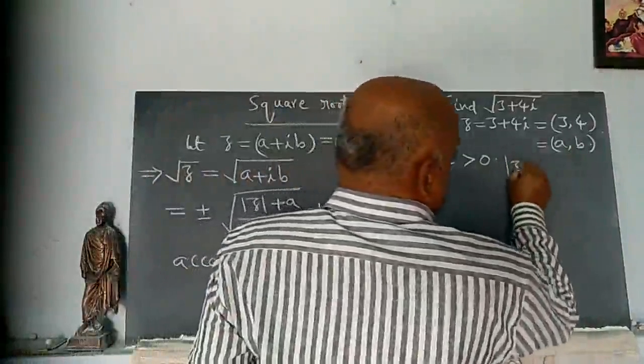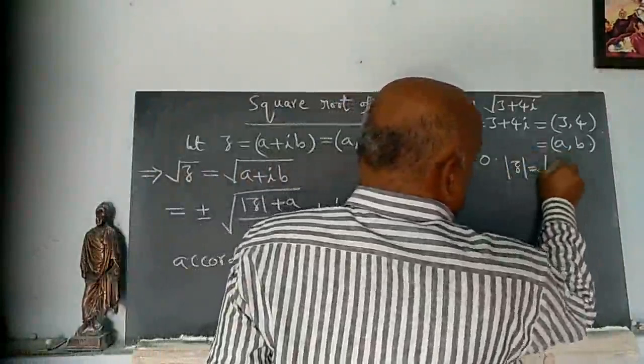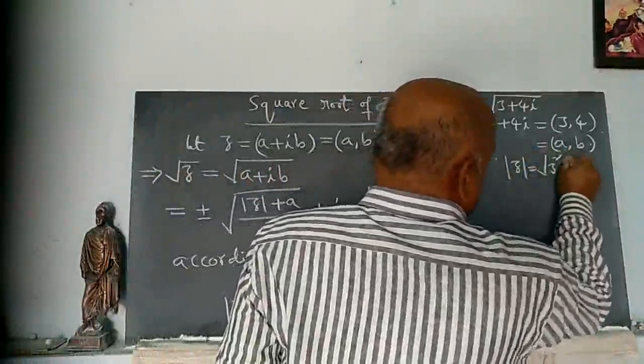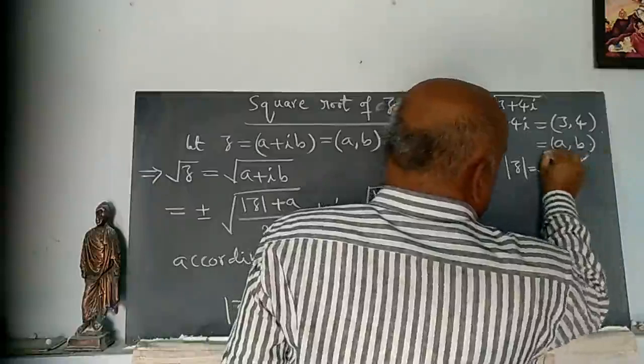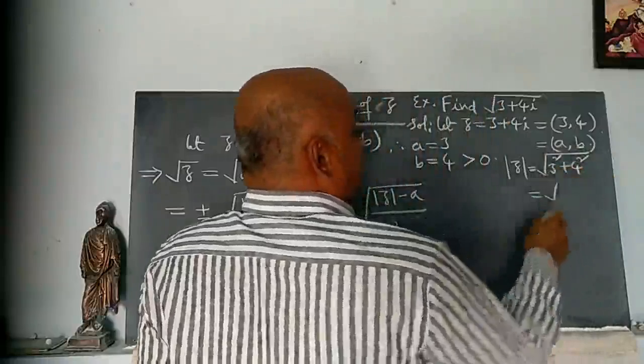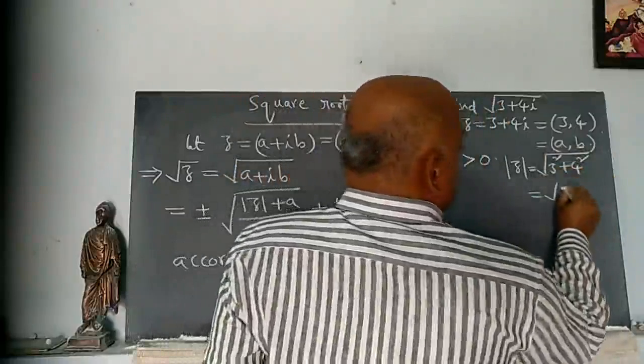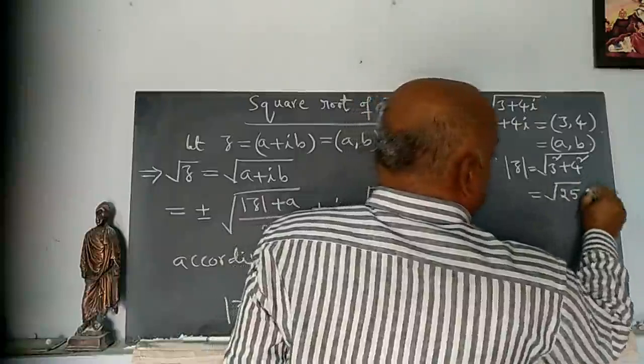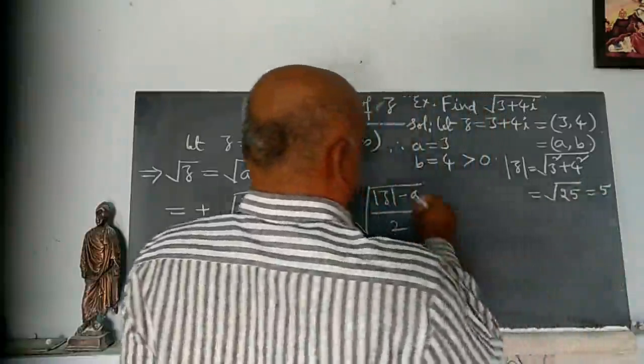So mod z is equal to the square root of 3 square plus 4 square, which is the square root of 9 plus 16, that is 25. So the square root of 25 is 5.